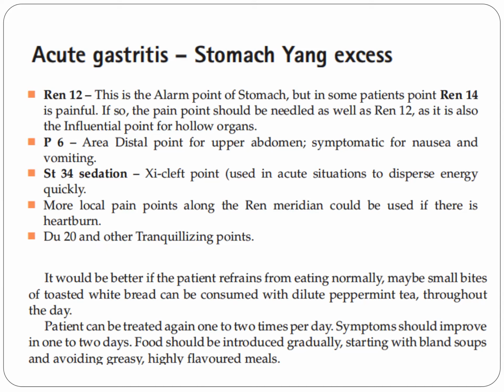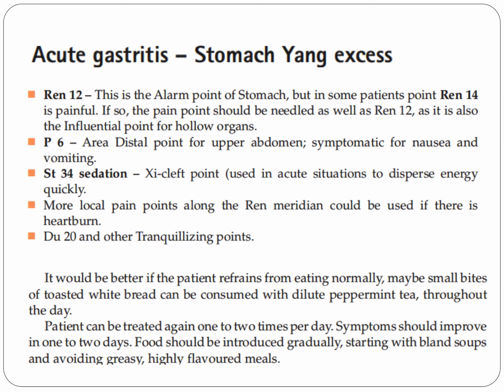More local pain points along the REN meridian could be used if there is heartburn, DU 20, and other tranquilizing points. Okay? Now, it would be better if the patient refrains from eating normally. Maybe small bites of toasted white bread can be consumed with dilute peppermint tea throughout the day.